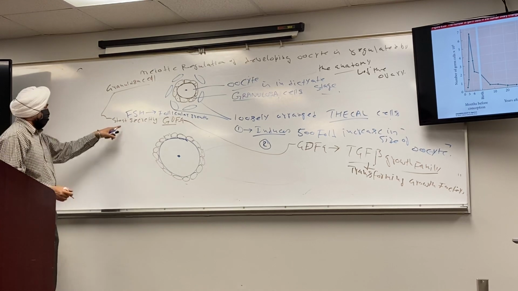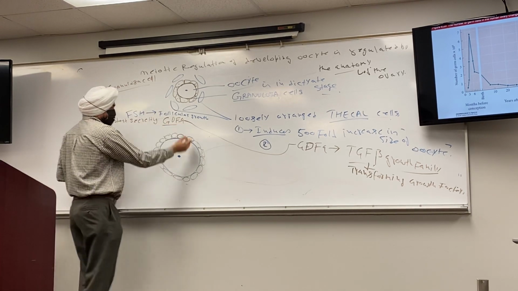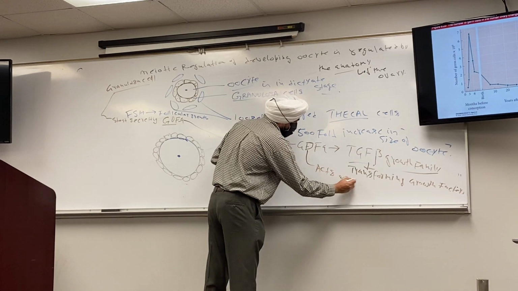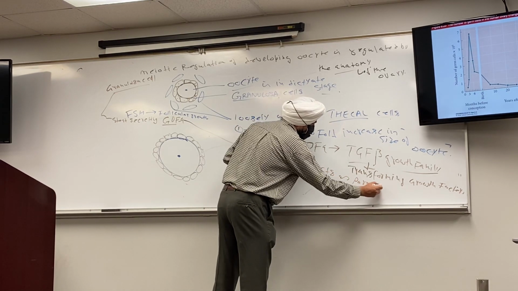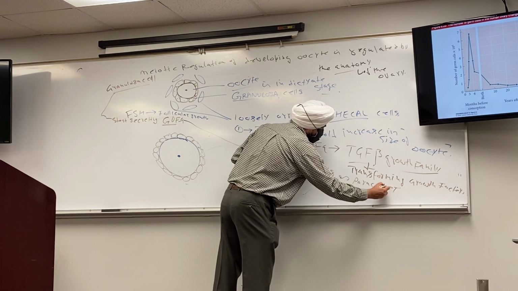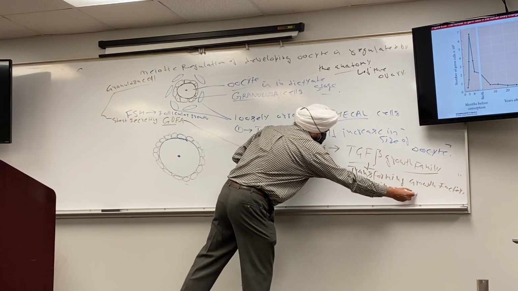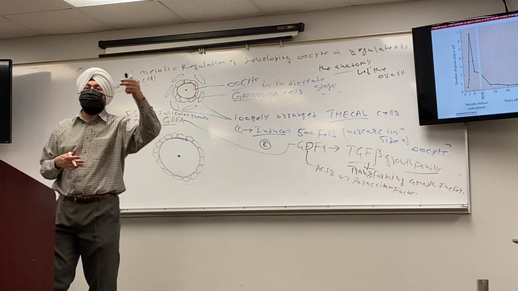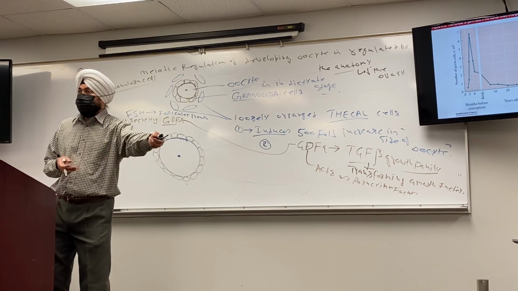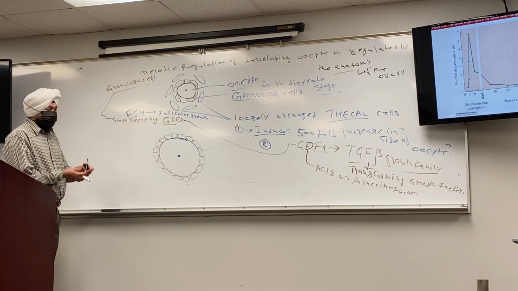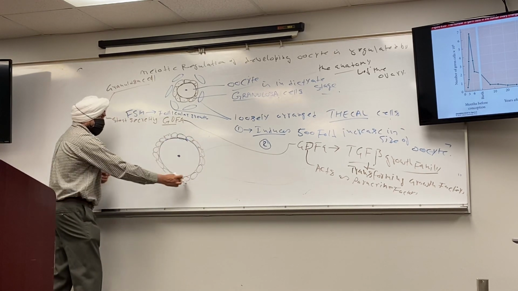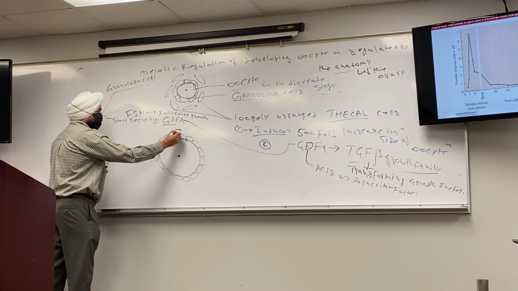And GDF9 acts as a paracrine factor. Paracrine factors are those chemicals which are released from a cell and affect the adjacent, neighboring cell. Okay? So under that influence, these granulosa cells start dividing.